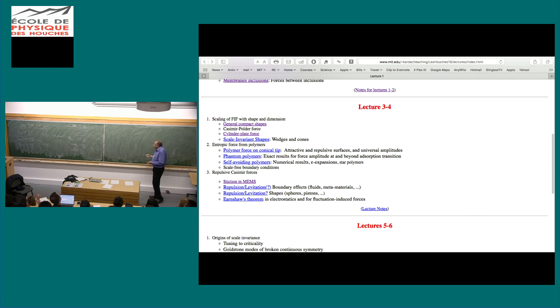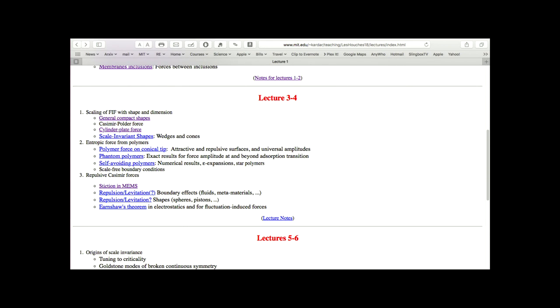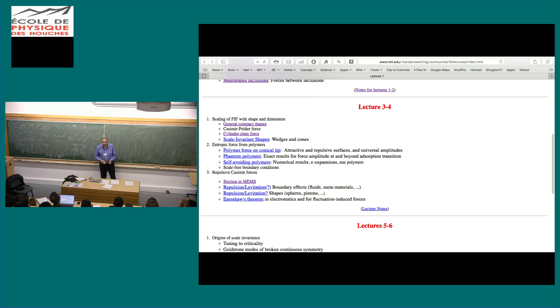And so one thing that maybe one can ask is, suppose I have a gold sphere and a gold plate. If I'm very, very far apart, I have this dipole, and I know exactly what it is. When I'm very close, I have this sphere, and this separation is much less than the radius of the sphere.